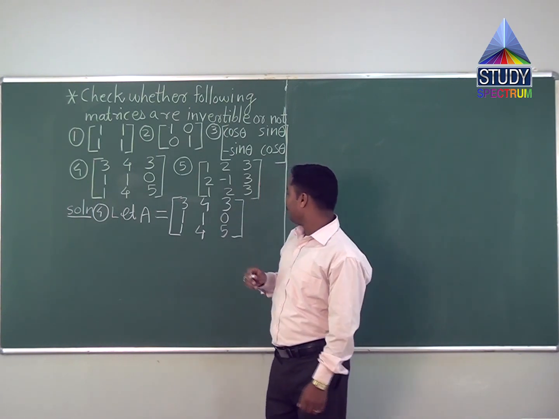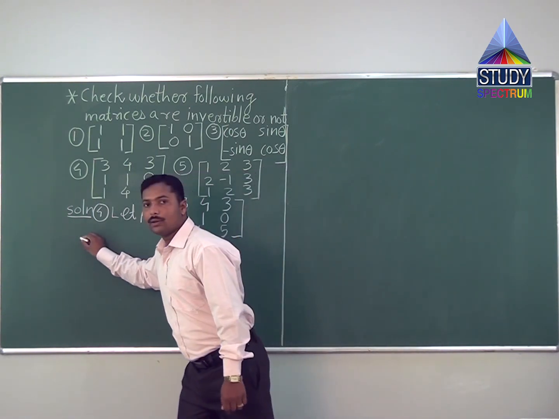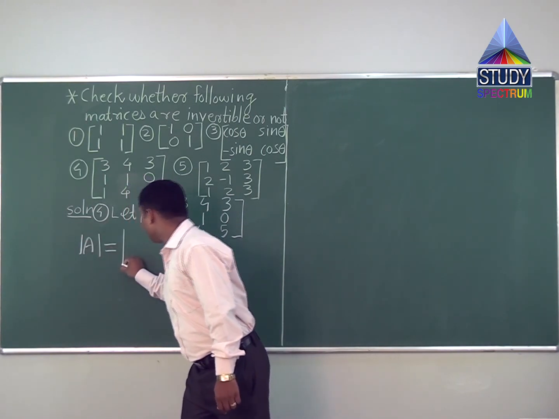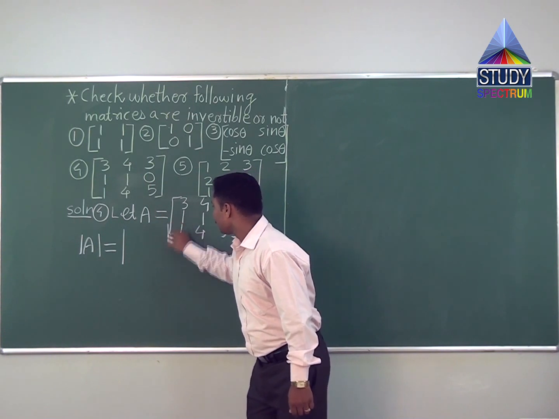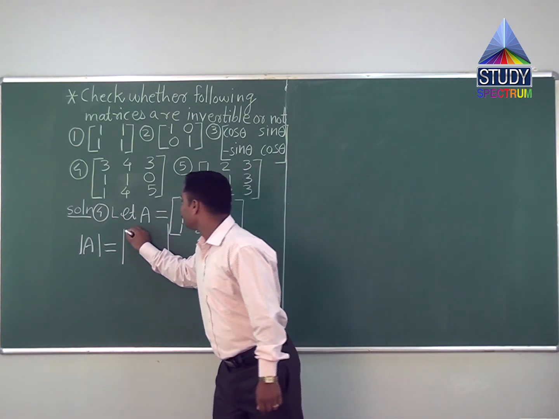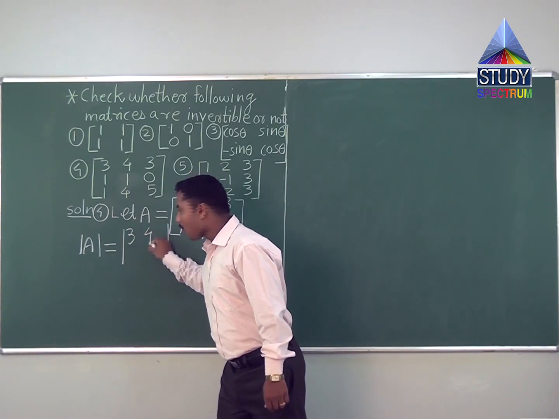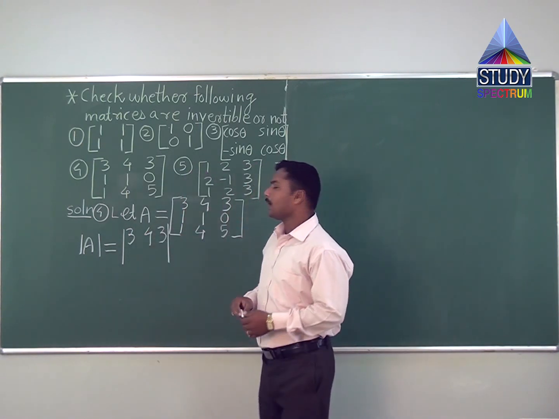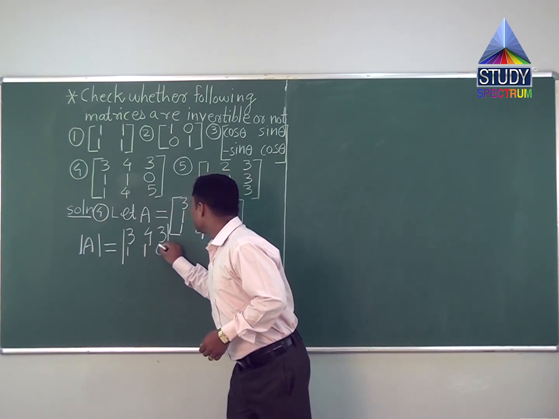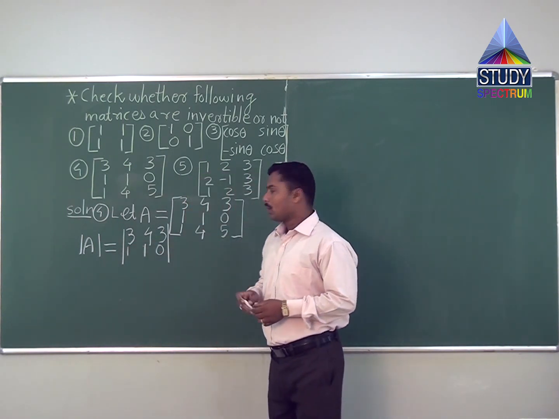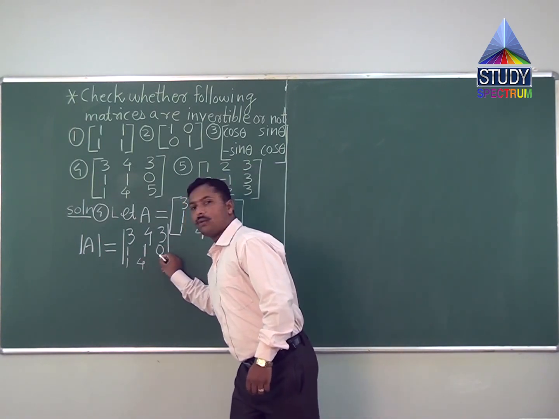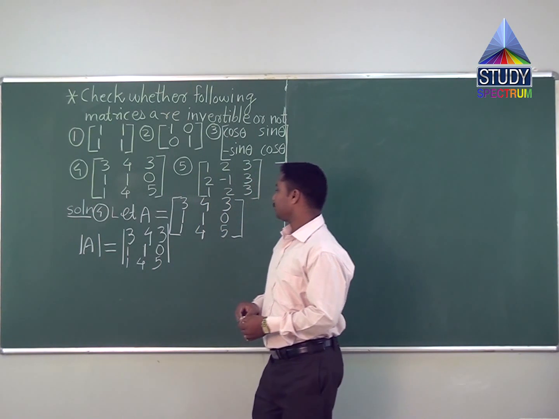So we find the determinant. Determinant A equal to the determinant of the given matrix: 3 4 3, second row 1 1 0, and last third row 1 4 5.